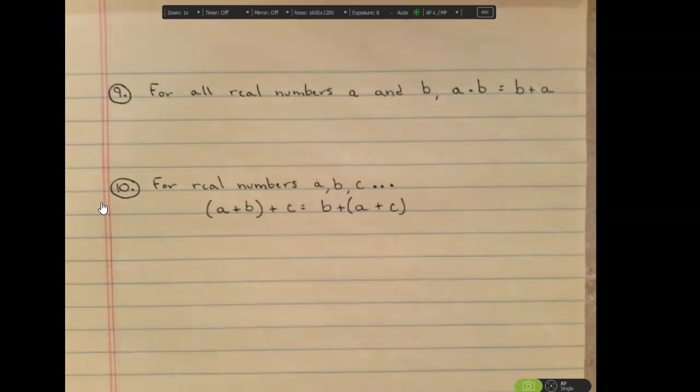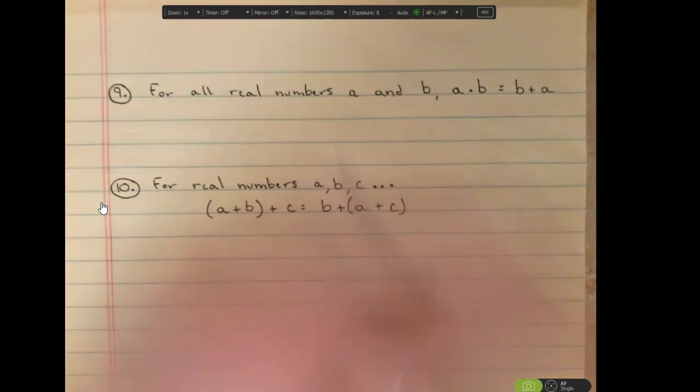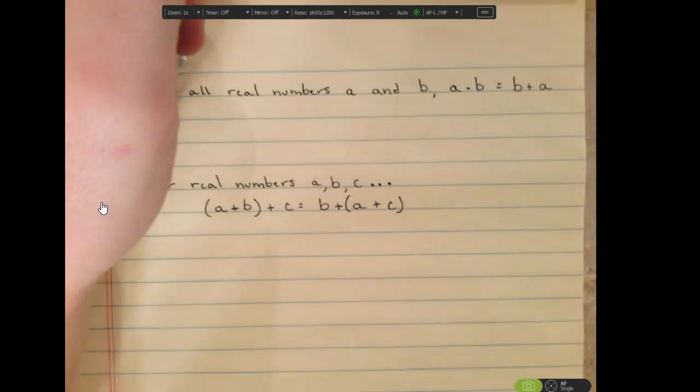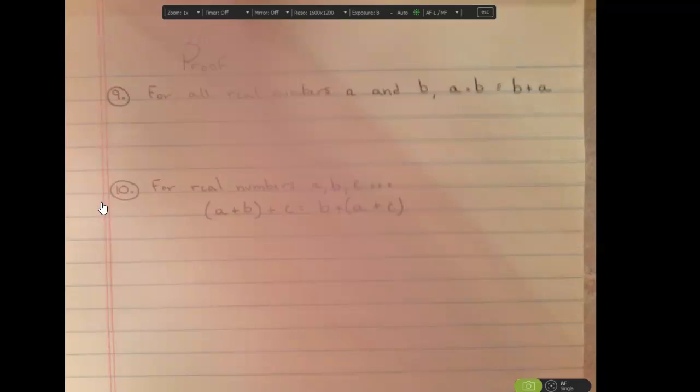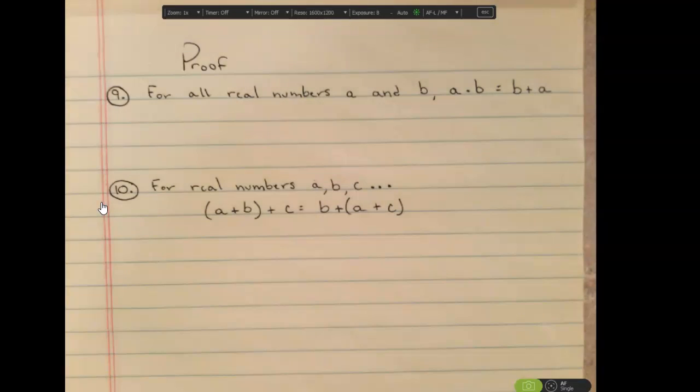All right, so for number 9 and 10, these are proofs, and we need to tell if they're true or false, and if they're false, I need to state why, or give a counterexample. So I need to prove it by saying something that's true.